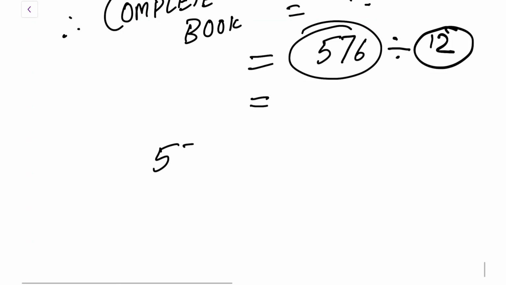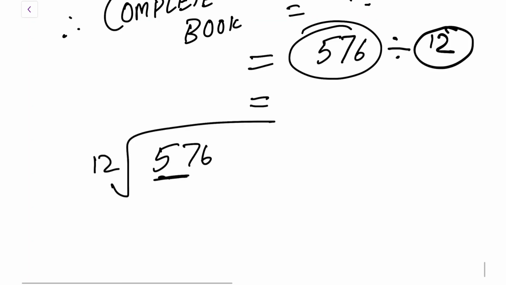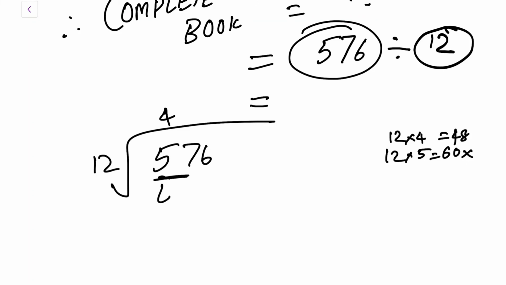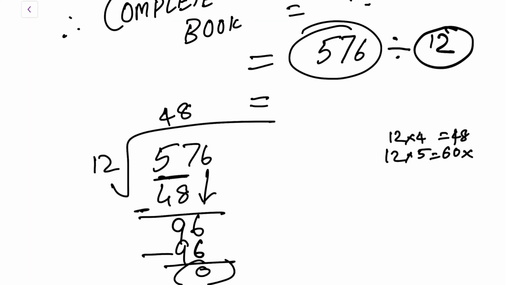That means 576, 12. 12 into what is 57? 12 5s is 60. It's more than 57, so we don't take that. So we do 12 into 4, which is 48. 57 minus 48 is 9. Bring your 6 down. 12 into 8 is 96.